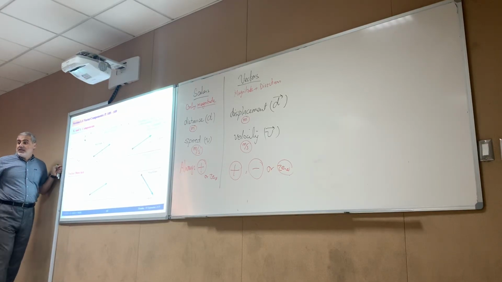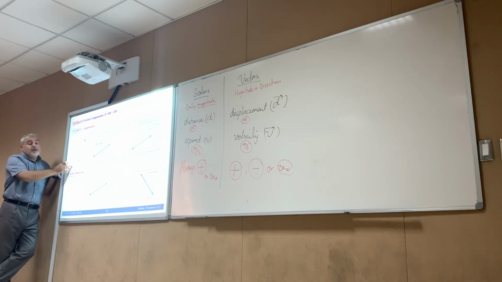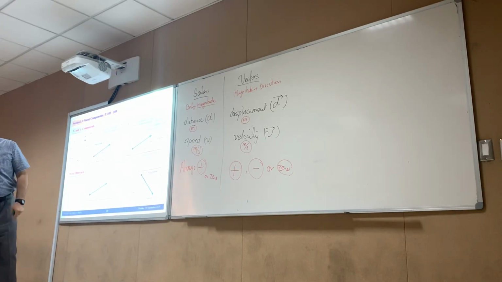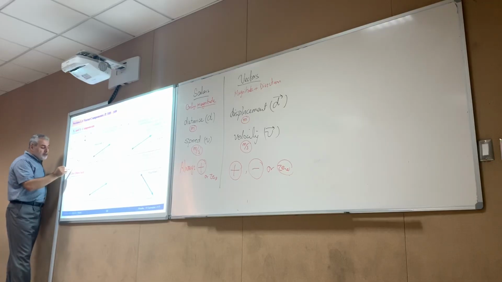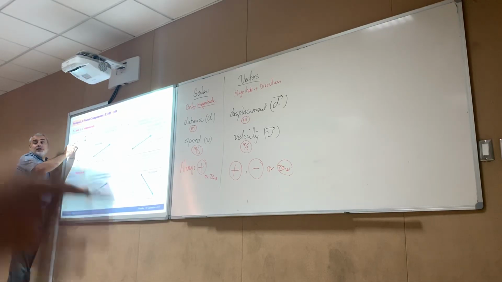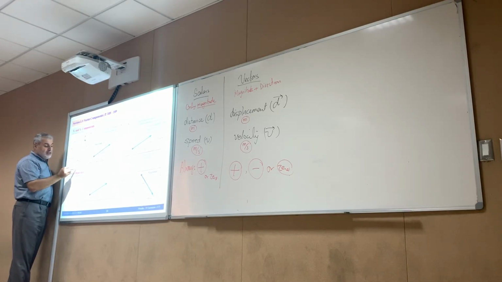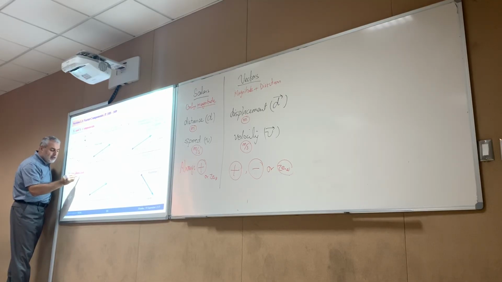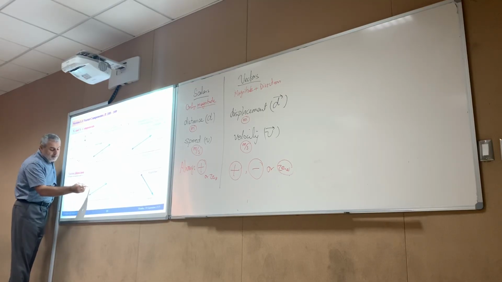We know from the Pythagorean theorem that the square of the hypotenuse is equal to the sum of the squares of the two other sides. So we write A squared, this is the hypotenuse, equals AX squared plus AY squared, or we can say A is equal to the square root of AX squared plus AY squared, which is this formula.